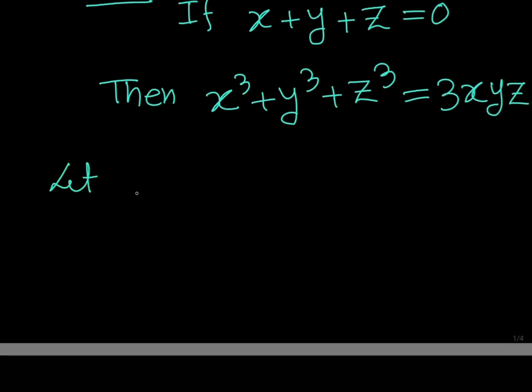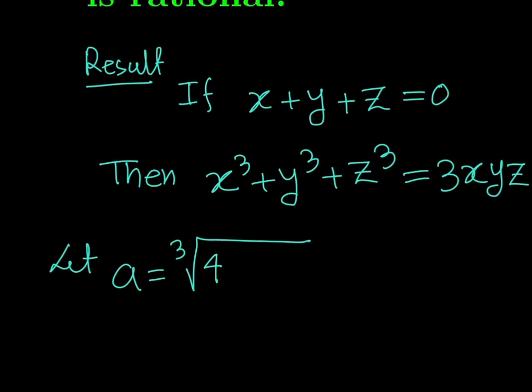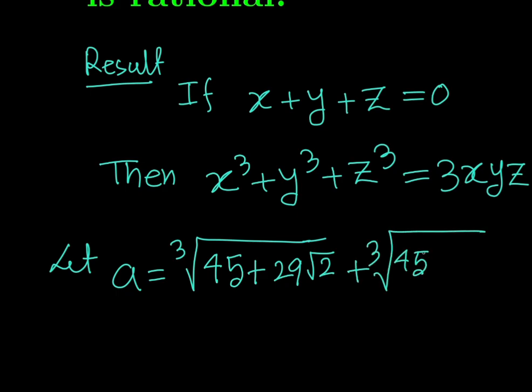Now let a equal the given number, that is, the cube root of 45 plus 29 root 2 plus the cube root of 45 minus 29 root 2.